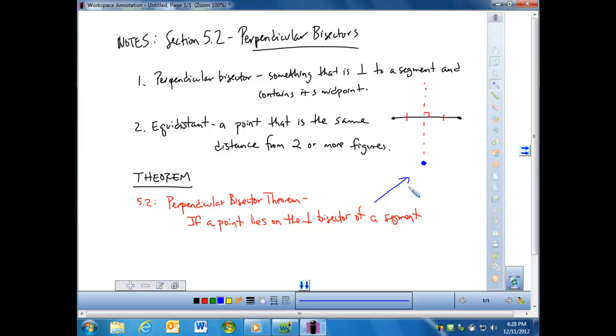So I'm giving you a nice little visual here. That point in blue is exactly the same distance from the endpoints of the black segment.